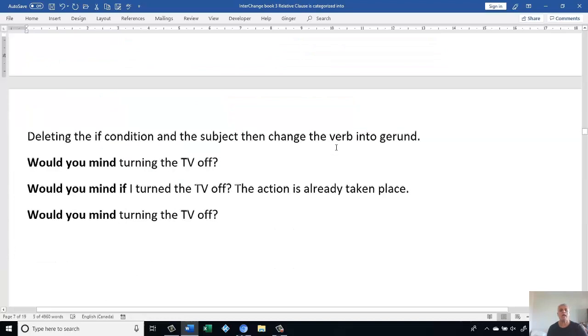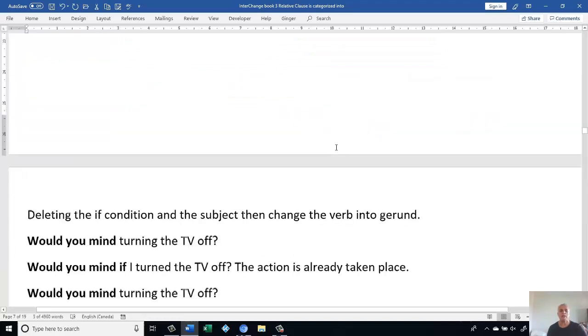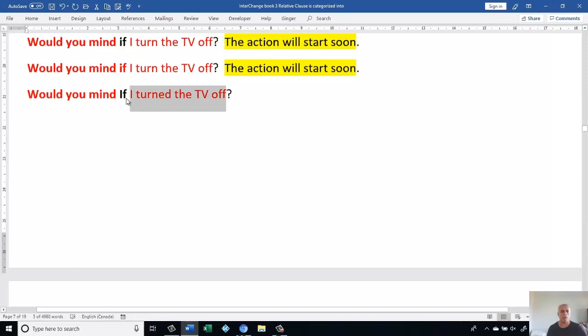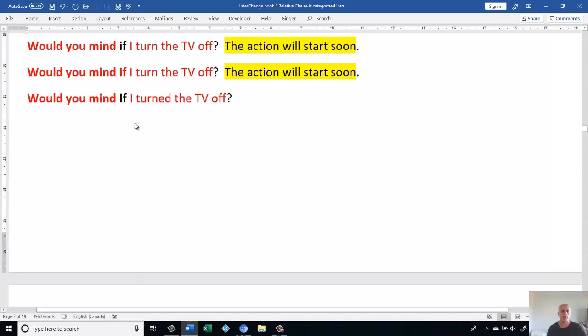Sometimes we could delete the if condition. For example, here, would you mind? I turned the TV off. We delete the if. But when we delete the if, then we say, would you mind turning the TV off? Then we have to delete I with it.